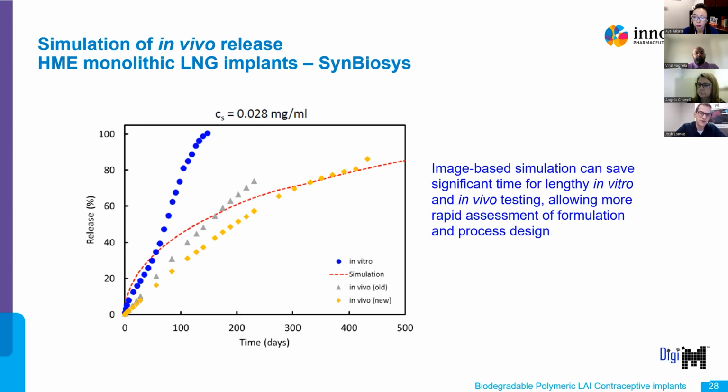And this can ultimately save a lot of time in vitro and in vivo testing, where the drug developers are making a drug product with different formulation, different process design space, and then doing the testing to see how it performs. With the image-based simulation, we can have a projection of what that will look like from the time zero sample, and that can save a lot of time in formulation and process development.